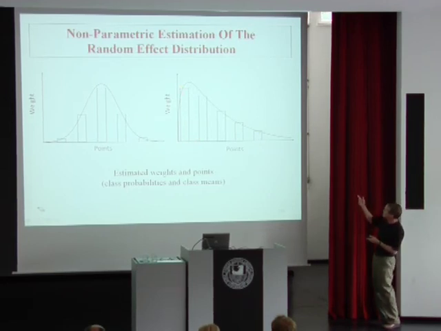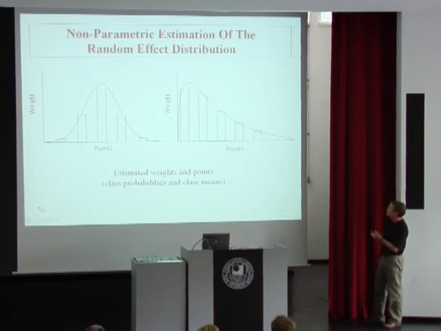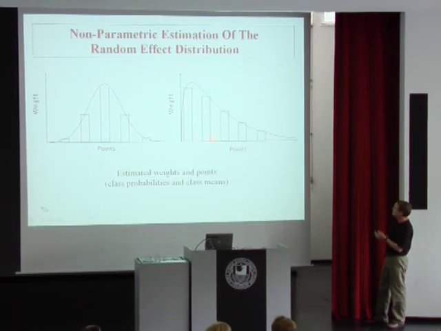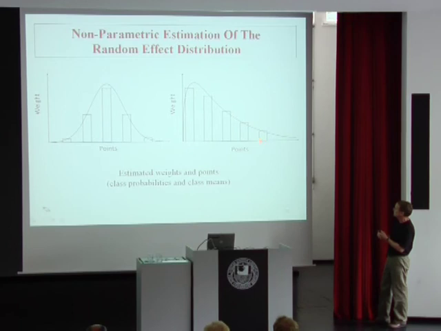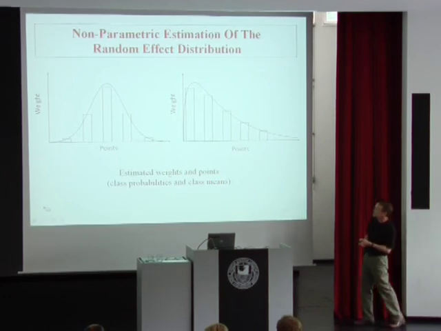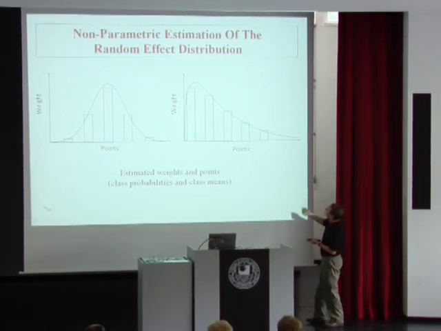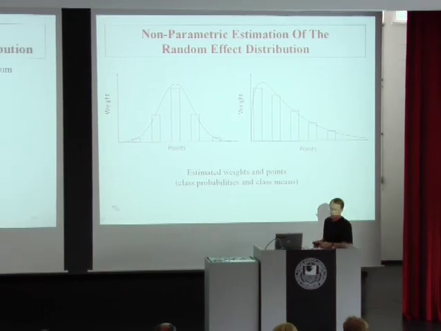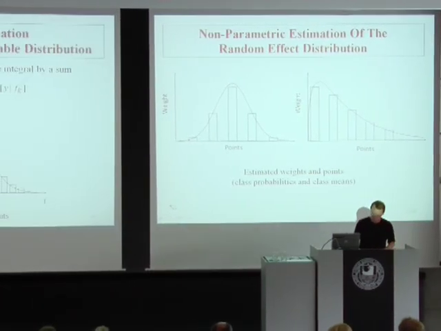Here, then, we can think of this in the mixture setting, where the weights correspond to class probabilities. So we have 5 classes, and these are the class probabilities diminishing, and these are the factor means for the different classes. So you actually estimate the weights and the points, the class probabilities and the class means. That's a connection between numerical integration and random effects, non-normal random effects distributions.